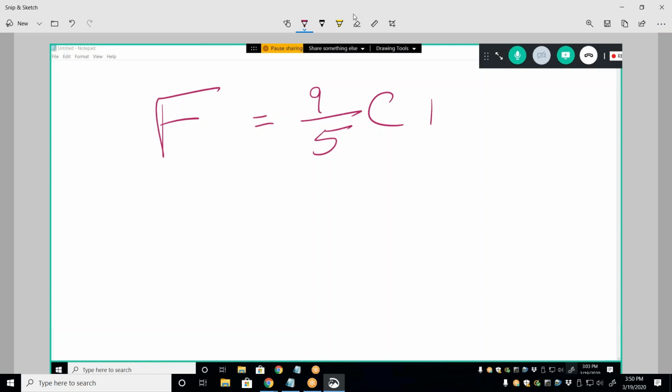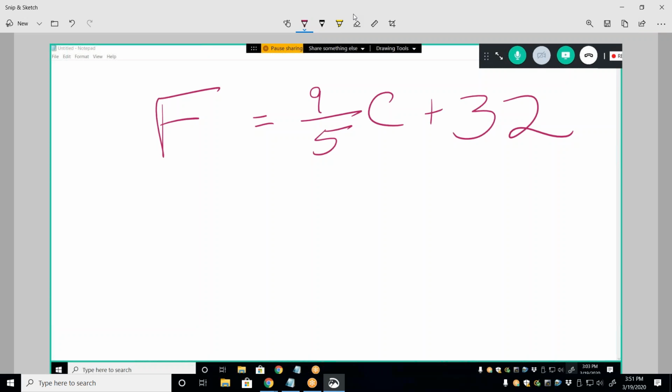Kind of. 32 degrees is freezing in Fahrenheit, but it's 0 in centigrade, whereas 100 is boiling in centigrade, but that's equal to 212 degrees Fahrenheit. So if I gave you a temperature in centigrade, could you convert it to Fahrenheit using this formula?